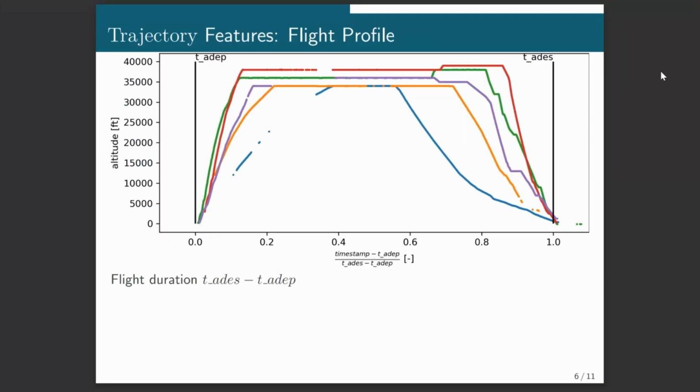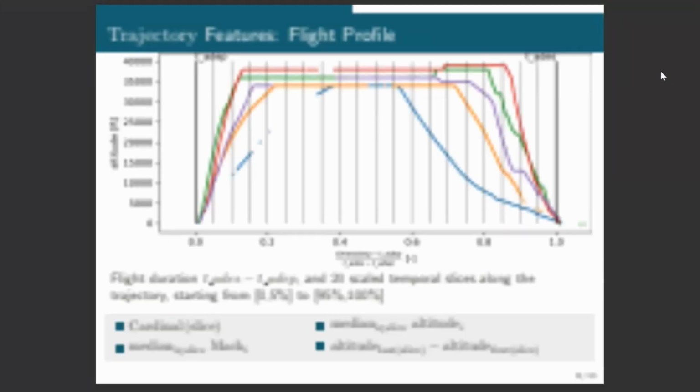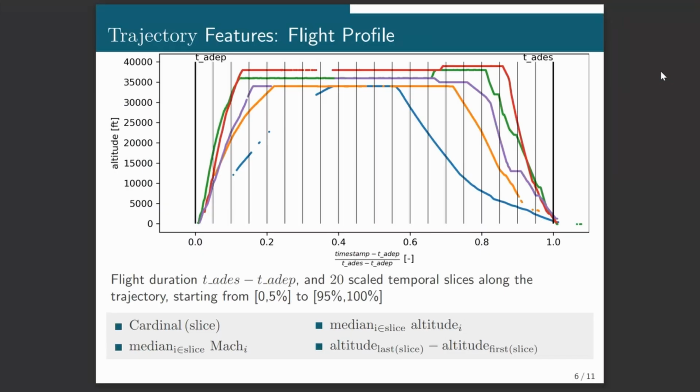So once we have done this, we can split these flight profiles into 20 slices. And then using these slices, we will compute features. So in each slice, we compute statistics on the points in the slice. So cardinal of slice is the number of points inside the slice.